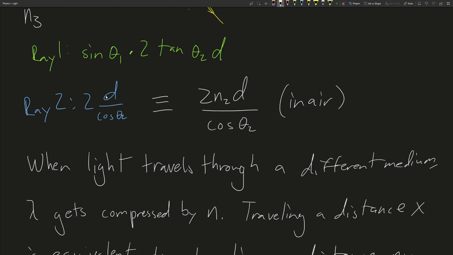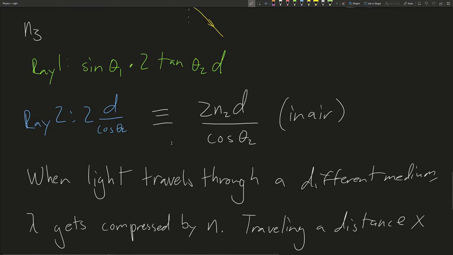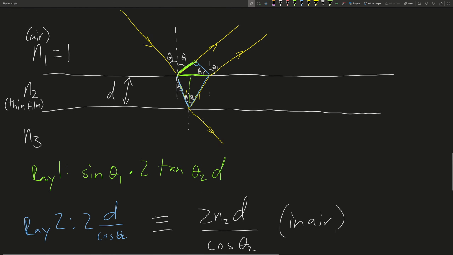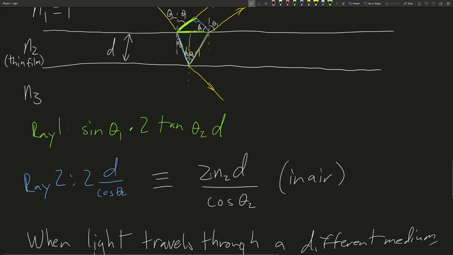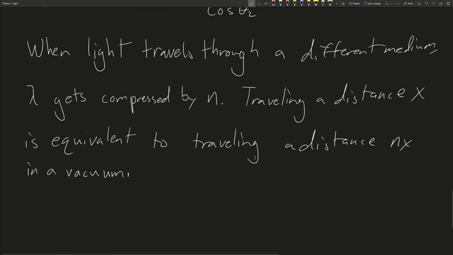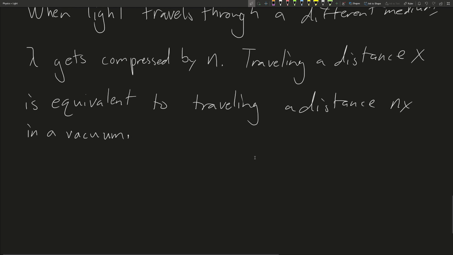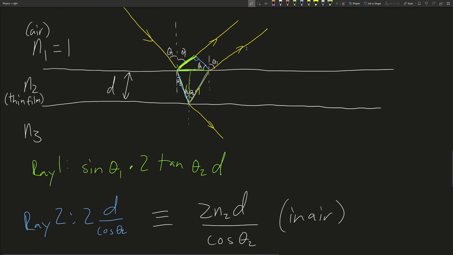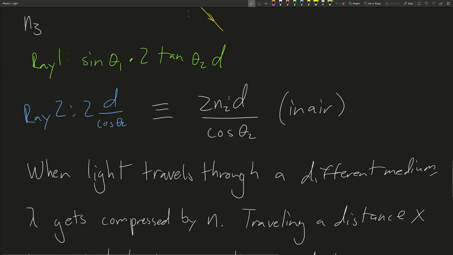So light traveling this distance inside the medium travels the same number of wavelengths as light traveling this distance in air. And so if we want to find the offset, we see that the second light ray travels further than the first light ray.